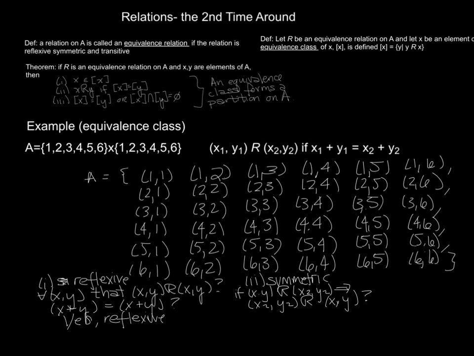Plugging in our particular relation, if x1 plus y1 is equal to x2 plus y2, does that imply x2 plus y2 is equal to x1 plus y1? And the answer is yes. So this is a symmetric relation.